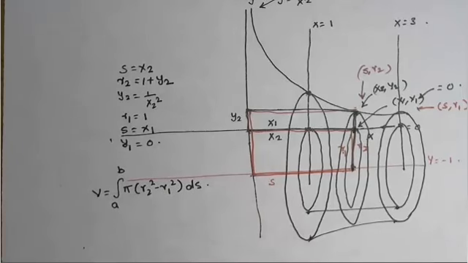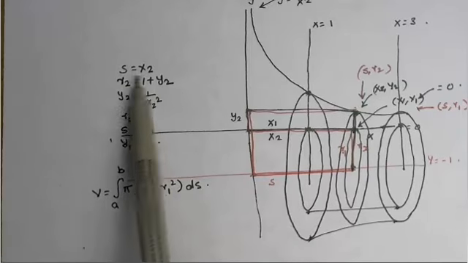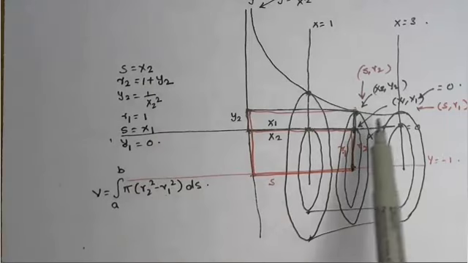So we have a couple of things to do now. We have to figure out what a and b, the limits of s, are, and then we have to figure out how r2 and r1 are functions of s. So let's first do a and b. Well, we know s is the same as x2, so the limits of s are going to be the same as the limits of x2.